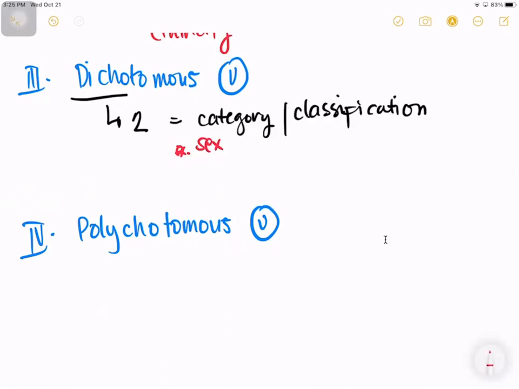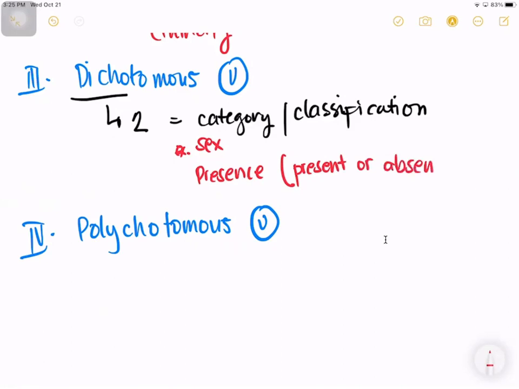So we will categorize gender later, no? Kung sa diin na siya. So we have sex, and then another example of dichotomous will be presence, whether it is present or absent, diba? So it could be present or absent only.